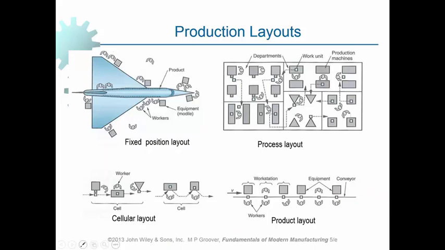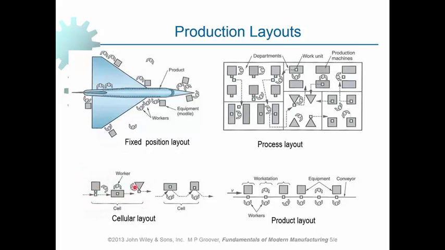And in cellular manufacturing or cellular layout, this one, a number of machine cells are produced. As we can see here, we can see two small machine cells in this manufacturing plant. And the machines are arranged into small cells, and each of the cells is specializing in production of one or a family of similar parts.